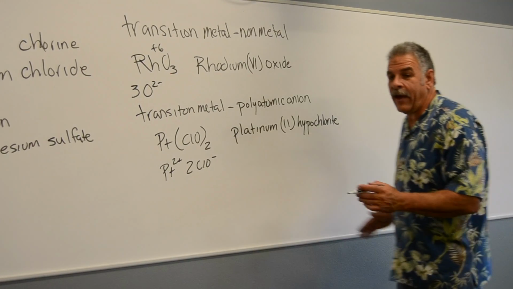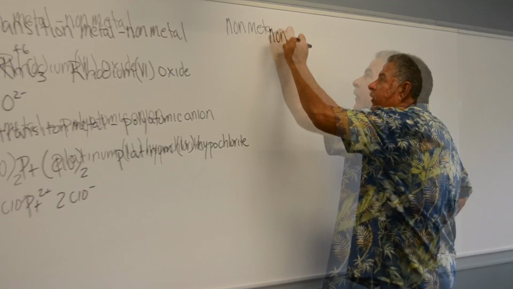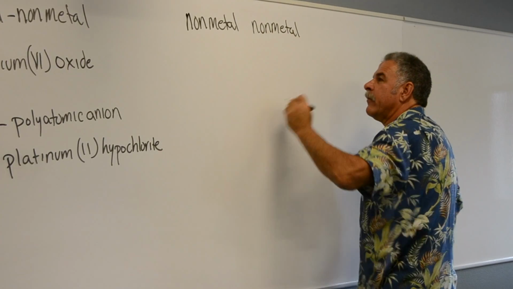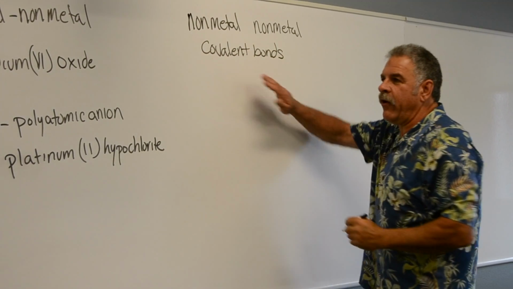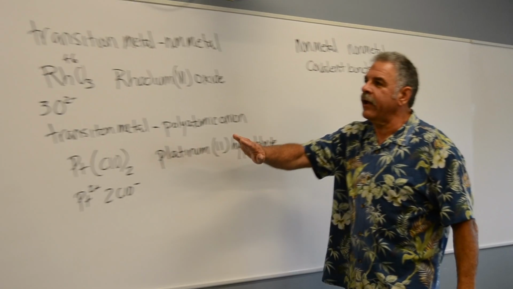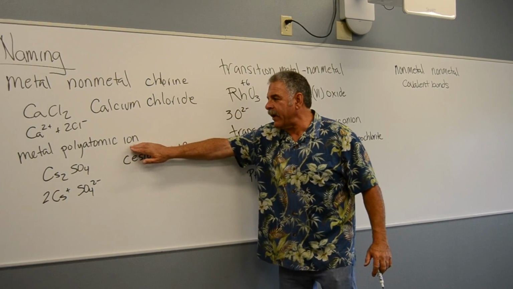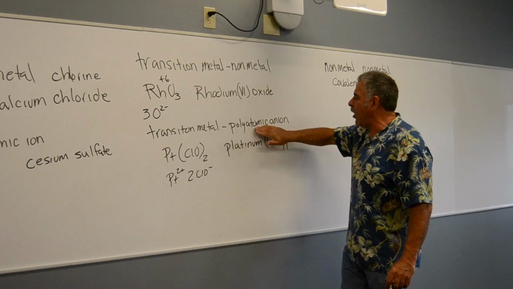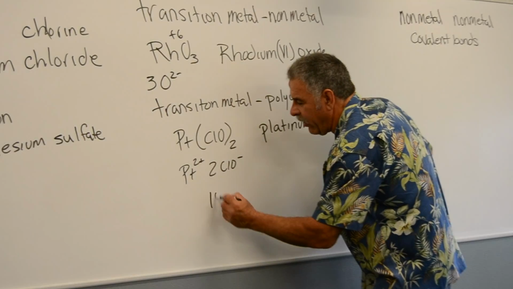Now there's a third type of bonding, and that's non-metal and non-metal. These are covalent bonds, which is sharing. Remember, when you're talking about metal and non-metal, and metal and polyatomic ion, and transition metal and non-metal, and transition metal and polyatomic anion, you're talking ionic bonds.